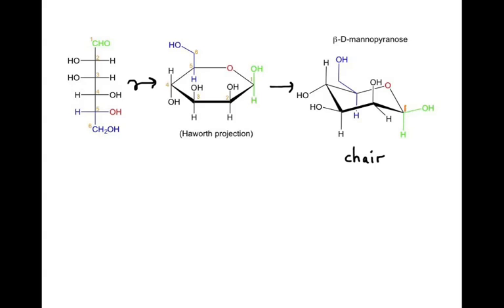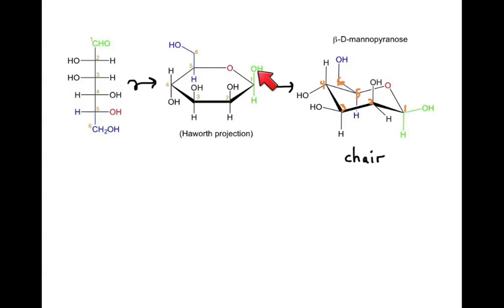So here I have carbon 1, carbon 2, 3, 4, 5, and 6. And all I've done is really convert this Haworth into the chair.